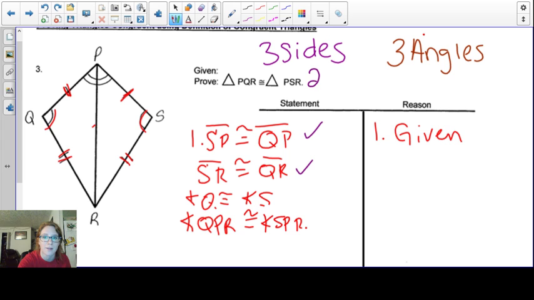So I have 2 out of the 3. Let's take a look at my angles. I have an angle mark here, and an angle mark here, so I have 2 there. So the next spot doesn't really matter where we go next, because I need 2 other pieces, and I already have 2 things. So do I want to go after the last angle, or the last side?